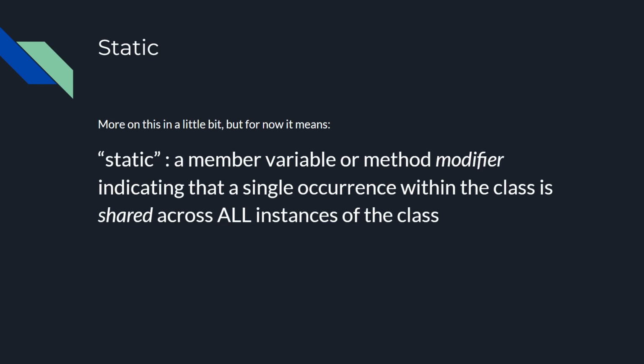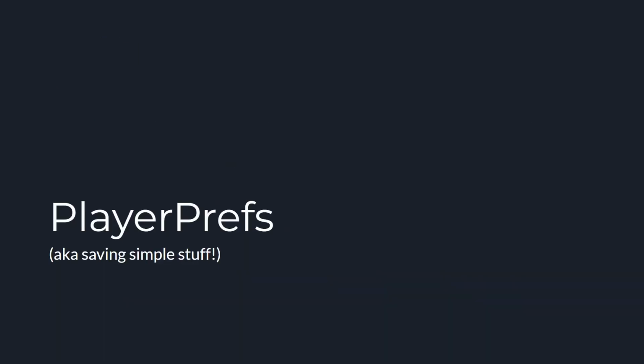If you have an audio source component on every game object, you have 15 game objects, you're going to have 15 audio components. But if that audio component has some static field on it, then all 15 are going to share that one version of that. If one of them changes it, they all see the change, right? That's the important part. Okay.